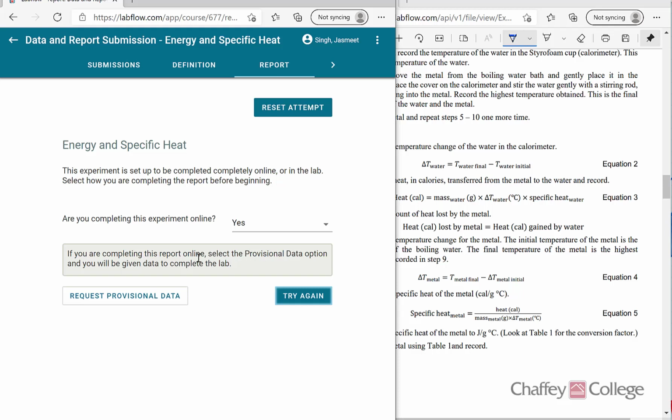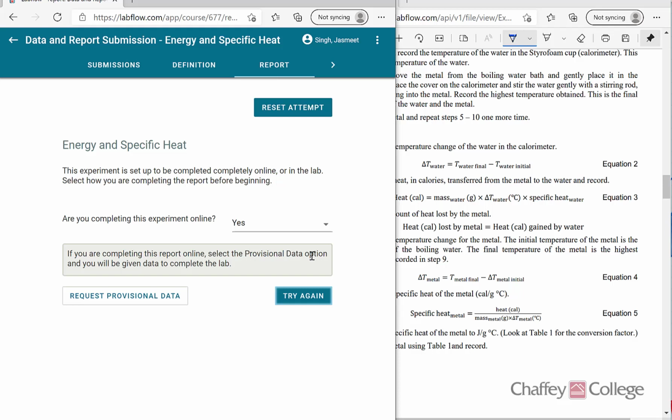You will see a message that if you are completing this report online, you will get provisional data. What this means is that, remember when I talked about measuring the temperature of water, temperature of metal, mass of water.